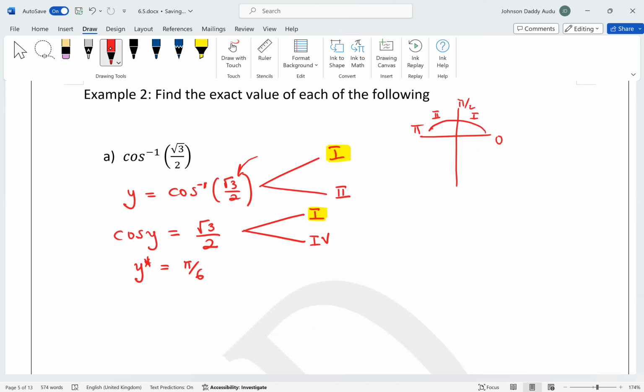But because we are in the first quadrant, remember in the first quadrant, y is going to be y star. This is always in quadrant 1. So it means that y is going to be pi over 6. But what is y? Cosine inverse of root 3 over 2 is equal to pi over 6.